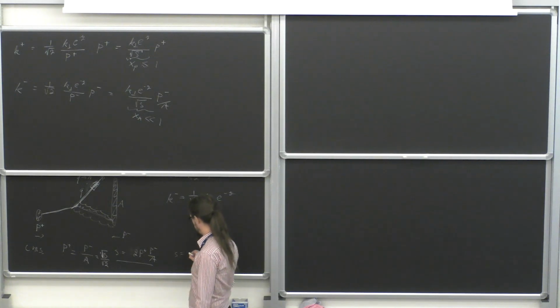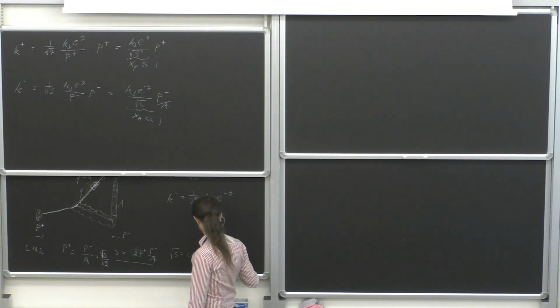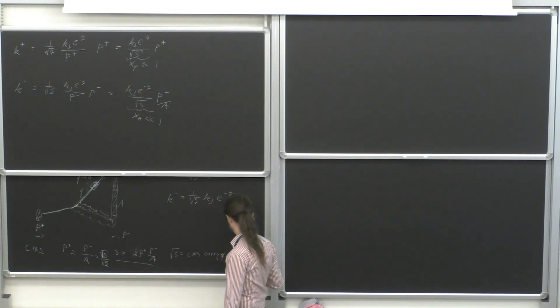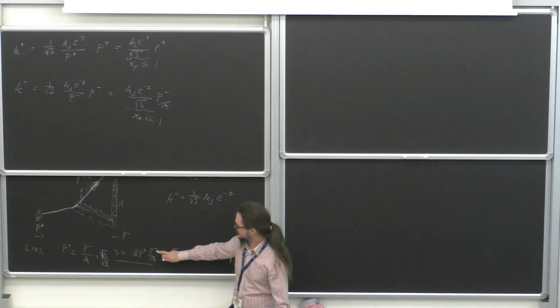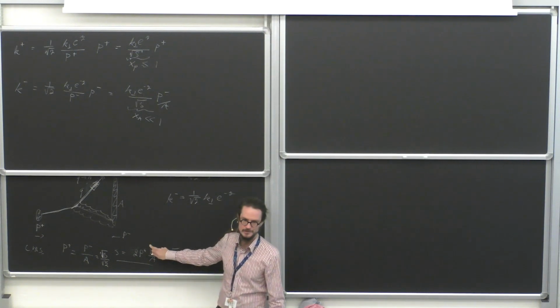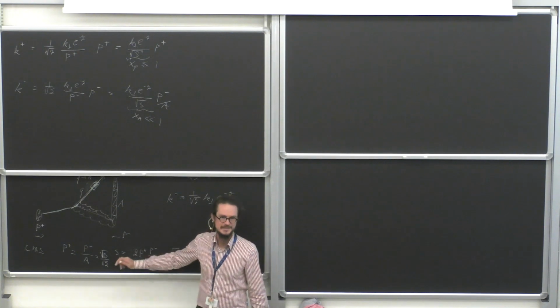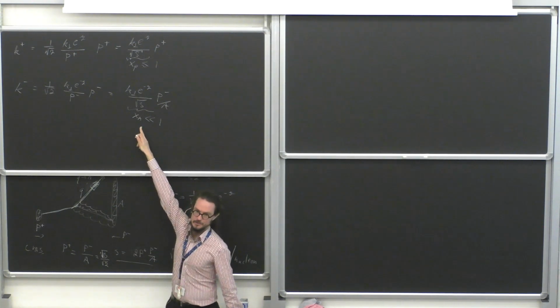Square root s is the CMS energy per nucleon. So I calculated the momentum per nucleon of the incoming nucleus. This is how I defined s. And if that's the way I define s, there's no additional A here.